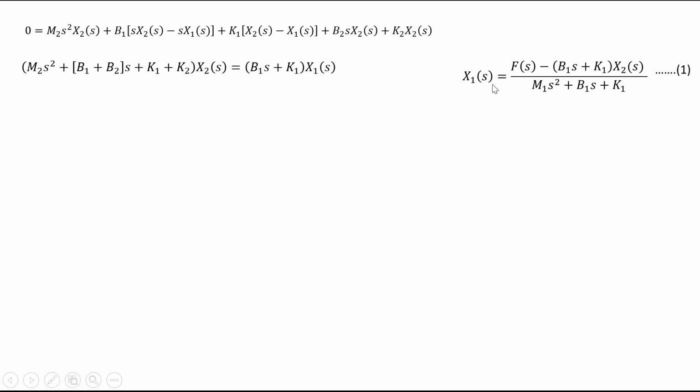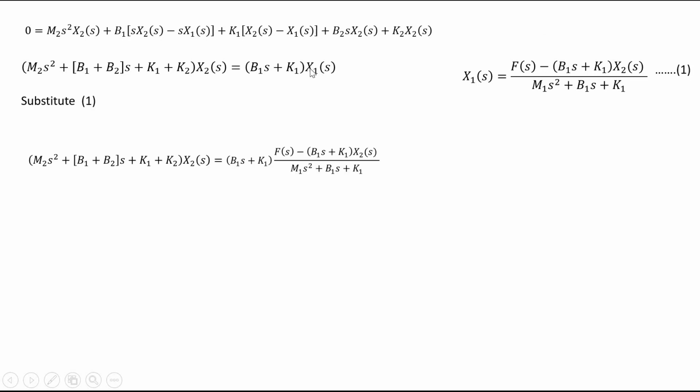So now we can substitute for x1 of s from equation 1. So this term becomes f of s minus b1 s plus k1 x2 of s, divided by m1 s square plus b1 s plus k1. Now we can multiply this. So f of s, here b1 s plus k1, and here in the denominator, b1 s plus k1 whole square.